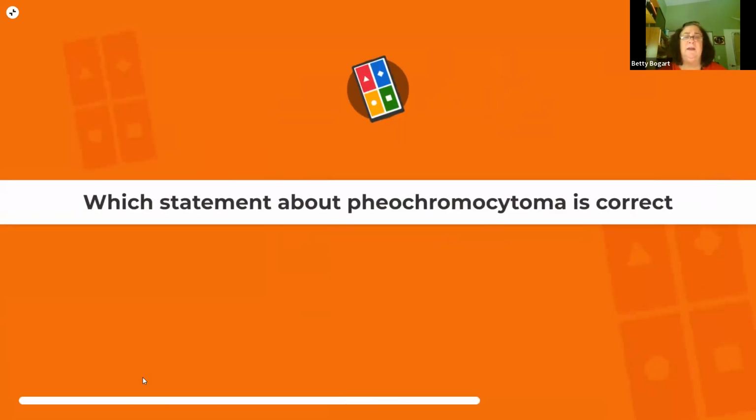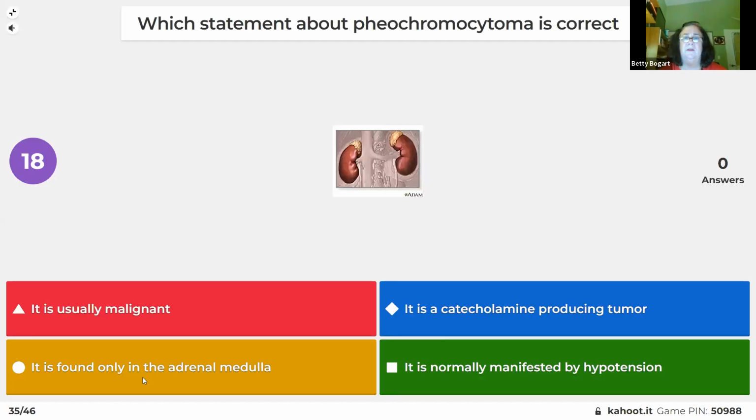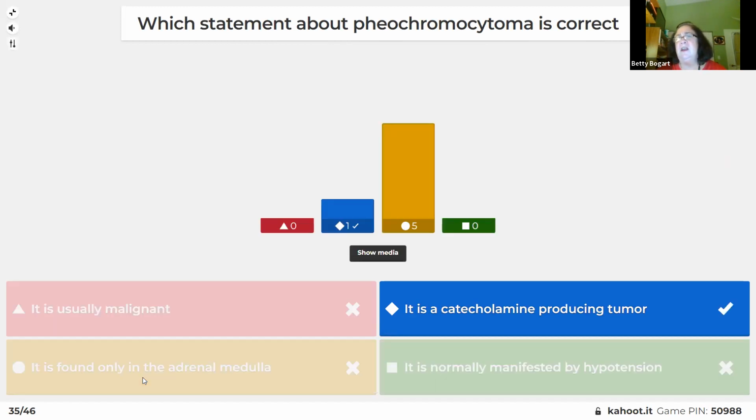Which statement about a pheochromocytoma is correct? This is something with the adrenal gland. Very hard to diagnose. It produces severe tachycardia and elevated blood pressures and headaches in patients.